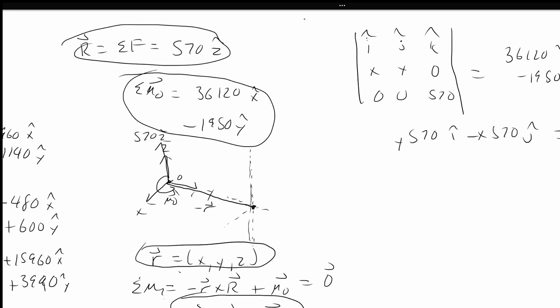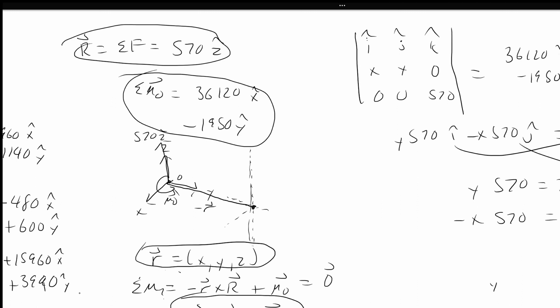Okay, so if we equate the i's and the j's now, we have y times 570 equals 36,120, and minus x times 570 is equal to minus 1950. And we can now go to our trusty calculator, which I still don't know if you can see, because I don't know if it's recording my screen or the window. If not, I'm doing all this math in my head, because I'm just that good.